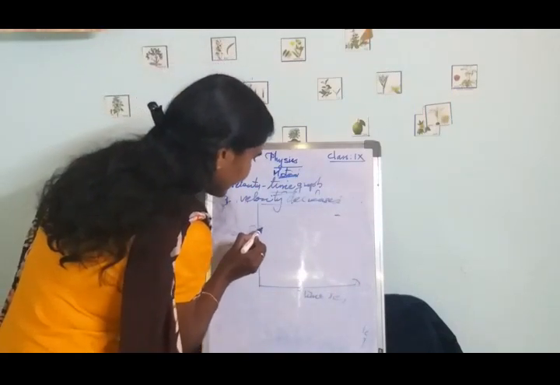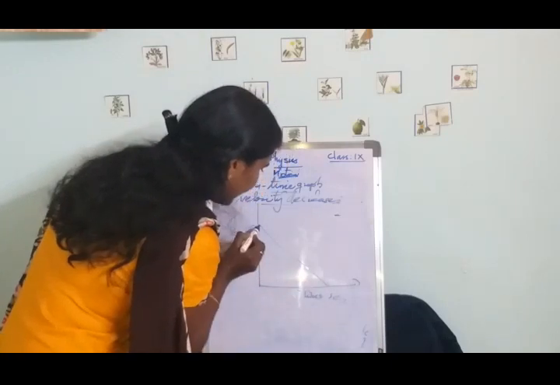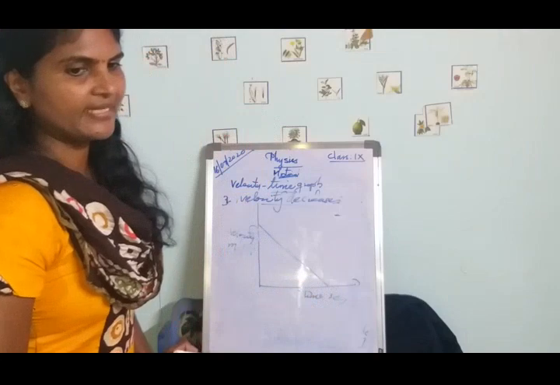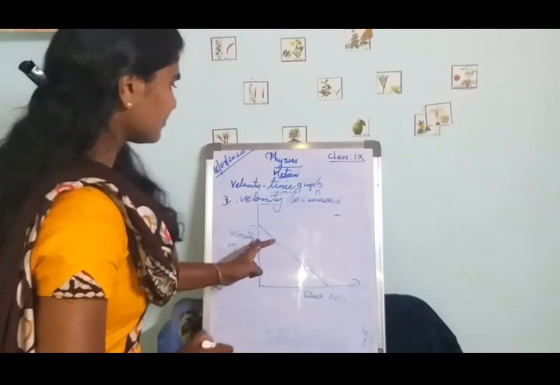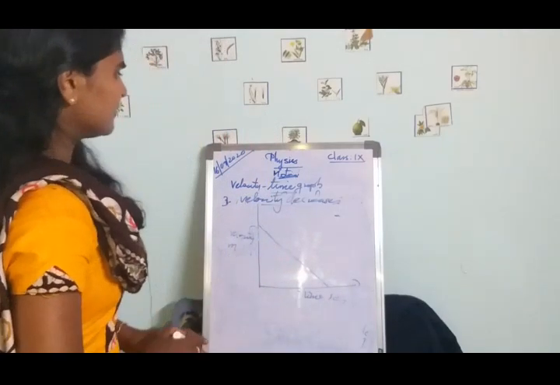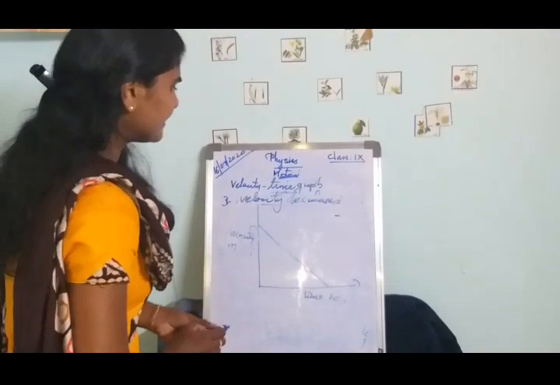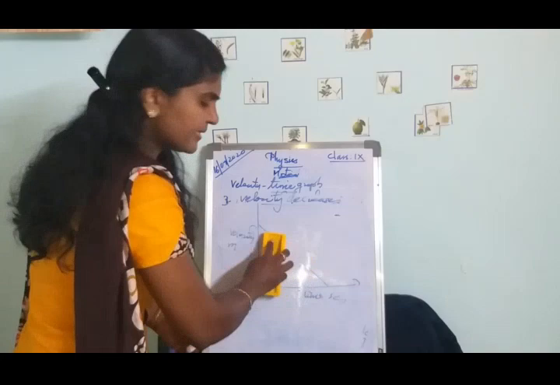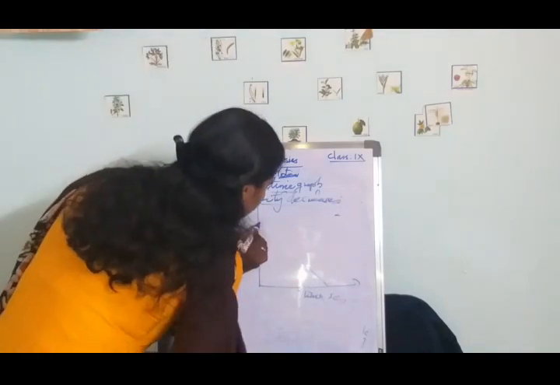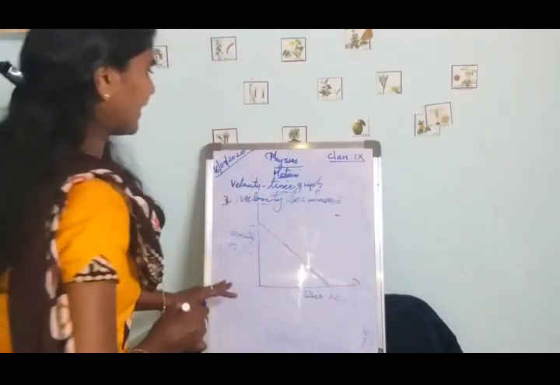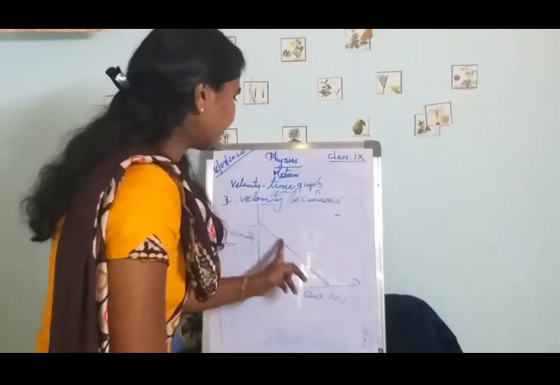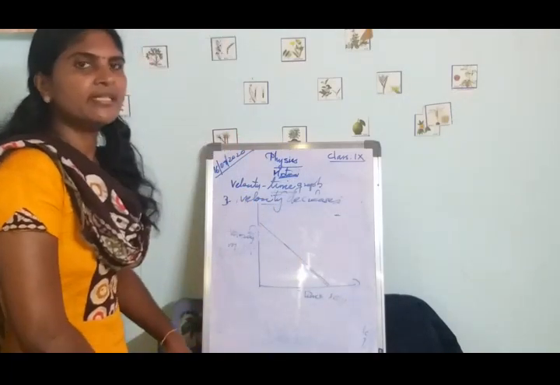So we can represent the decreasing velocity like this. The velocity decreases with the time. That is the velocity time graph for an object whose velocity decreases with time.